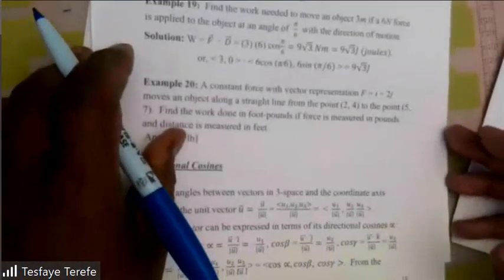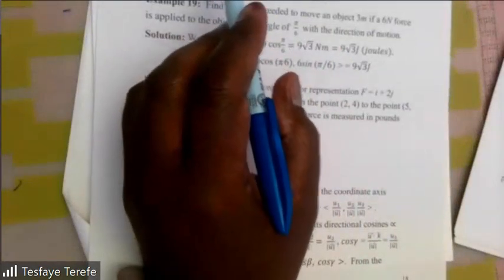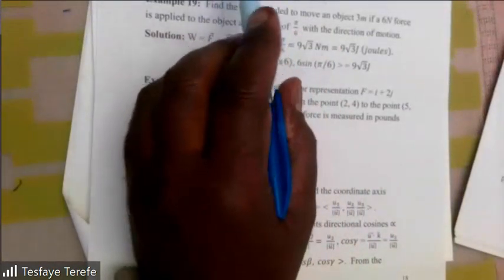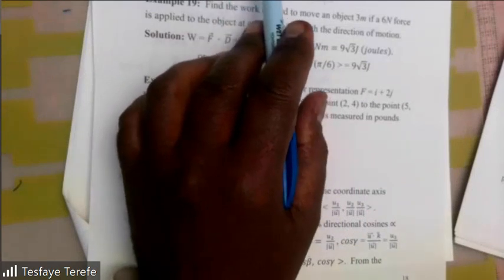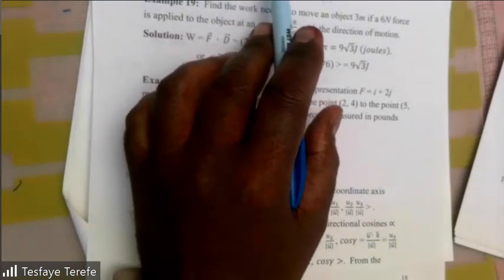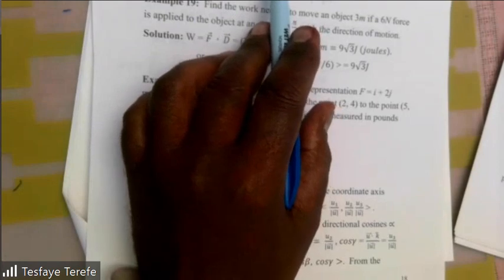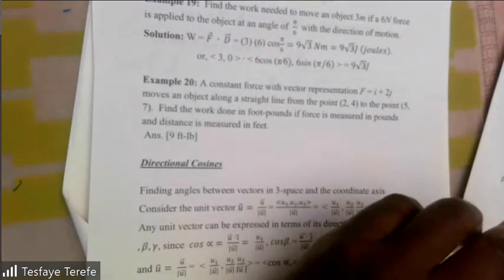And that is what you have to really remember. So the formula for work is work equals force dotted with d, which is the norm of the force, multiplied by the length of the distance, multiplied by the cosine of the angle between them.